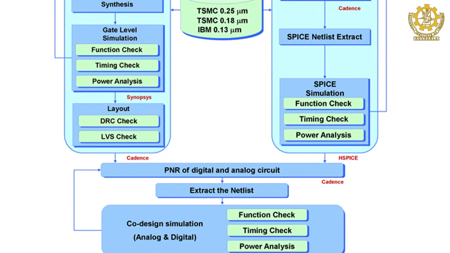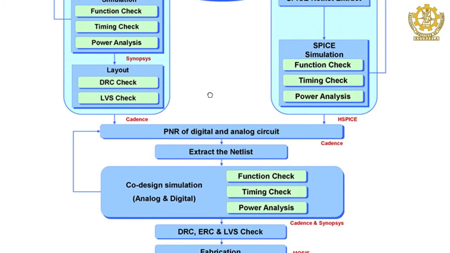After layout is done, we use a phase called extraction. From the silicon layers, transistors will be created. Those transistors are the real transistors used for fabrication. So, those layout-based transistors, and from the schematic we can extract a transistor netlist. Those have to be matched.